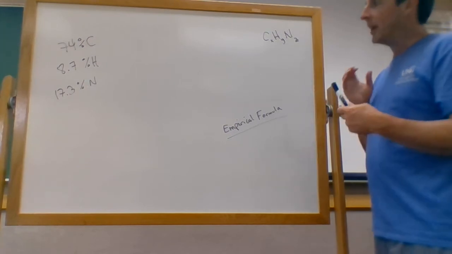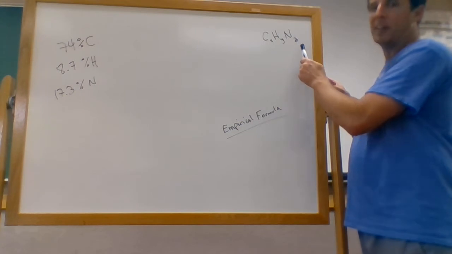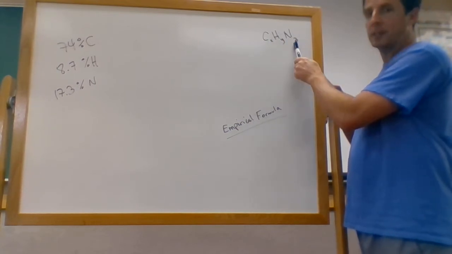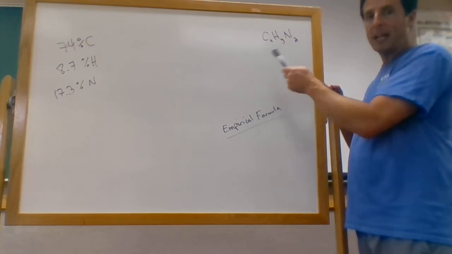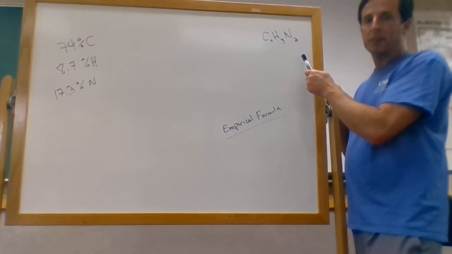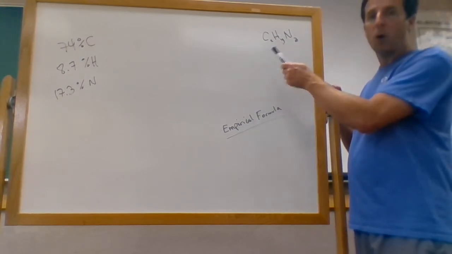Now, if it was C1H2N3, what that would mean is for every 1 carbon, there'd be 2 hydrogens and 3 nitrogens. So it's the ratio of the atoms in the formula. But if it's the ratio of the atoms, it should hopefully make sense that it would also be the ratio of the moles of atoms.